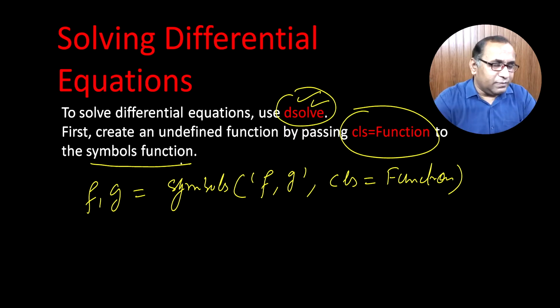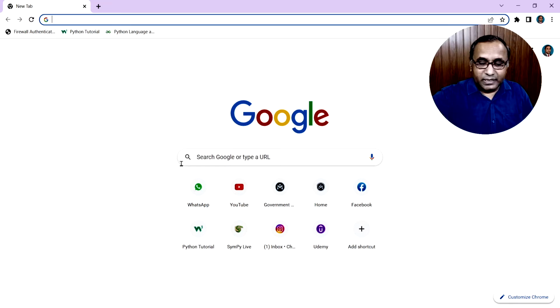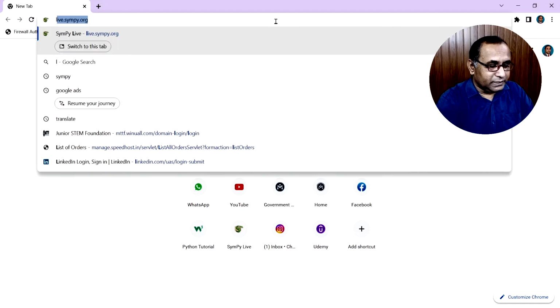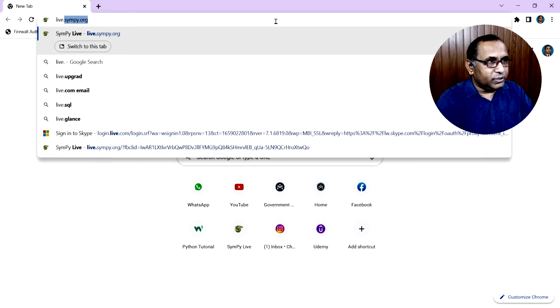And after creating the undefined function, we can easily write the differential equation by using SymPy. So first we are opening the SymPy Live library. The URL for online SymPy is live.sympy.org.